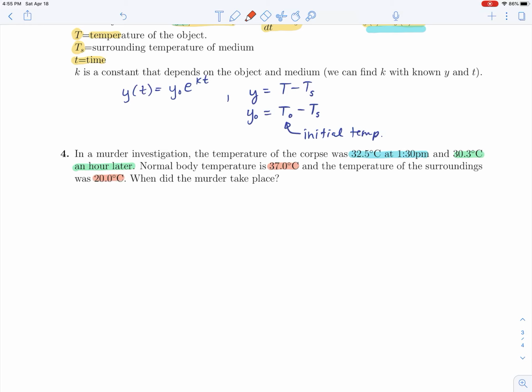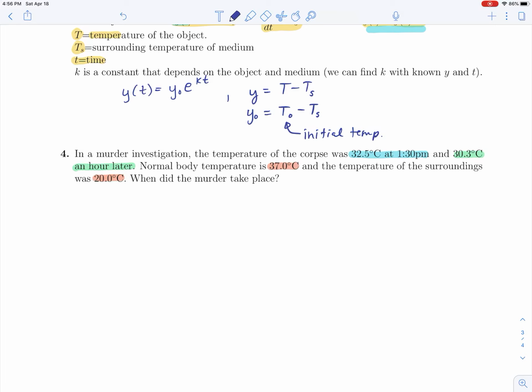When did the murder take place? This is provided that the murder took place somewhere with controlled temperature, like inside, which makes sense. 20 degrees is close to 70 degrees Fahrenheit, so that's like indoor temperature. Then this is actually something that you could use to estimate time of death.